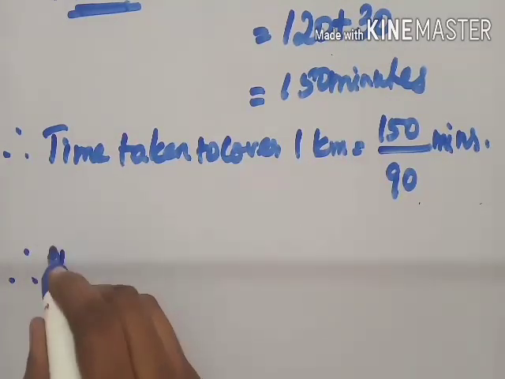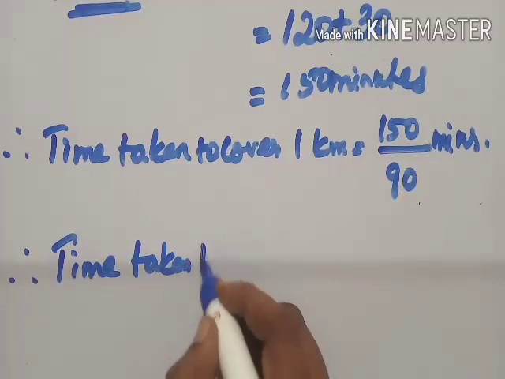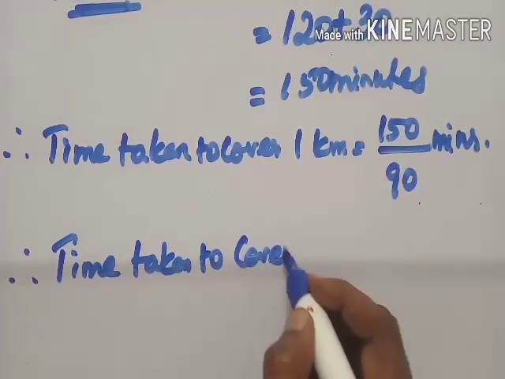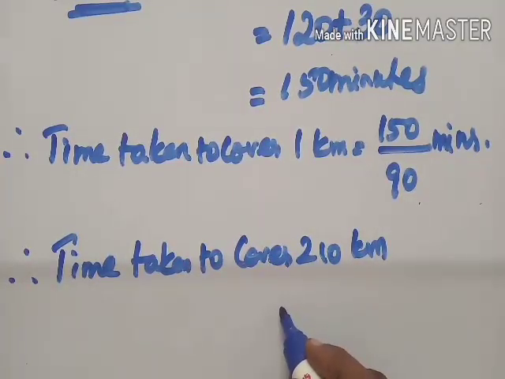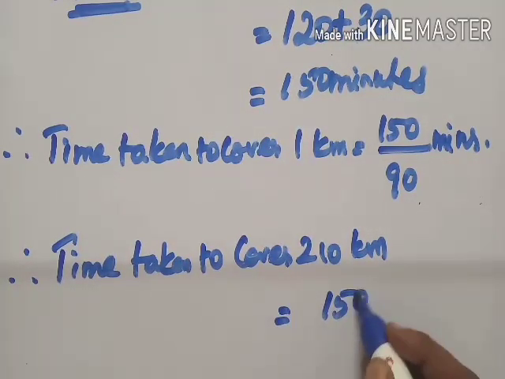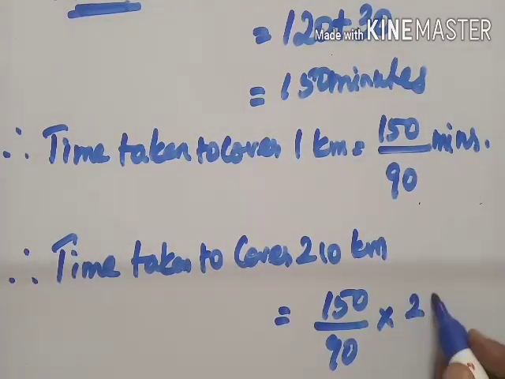Therefore, time taken to cover 210 kilometer. That is equal to 150 divided by 90 into 210. So here I am going to do the cancellation in this way, that is cancel this 0 and 0.